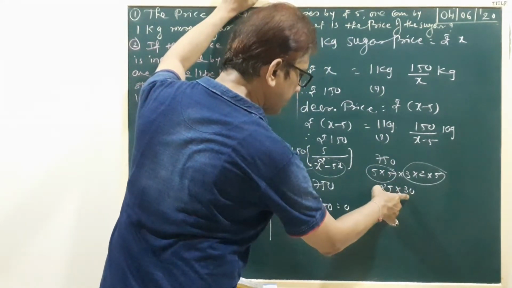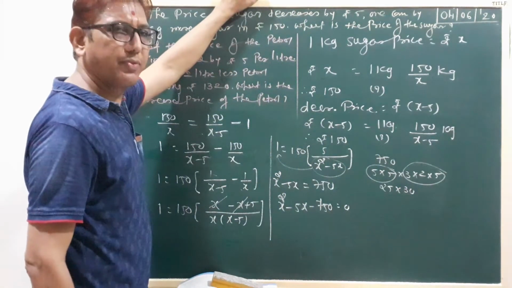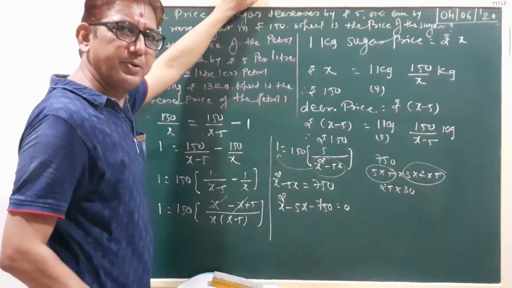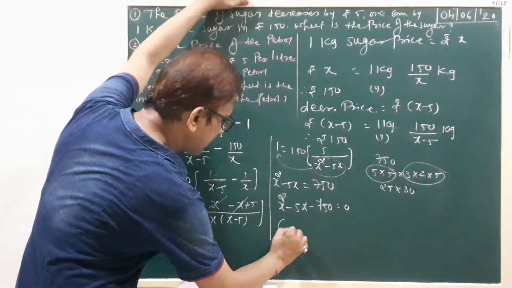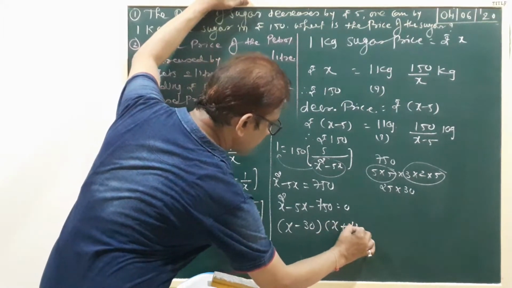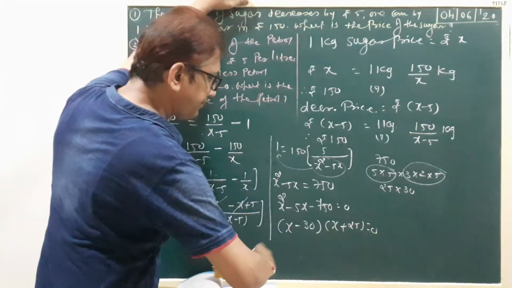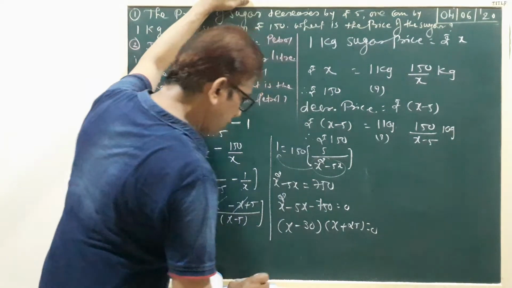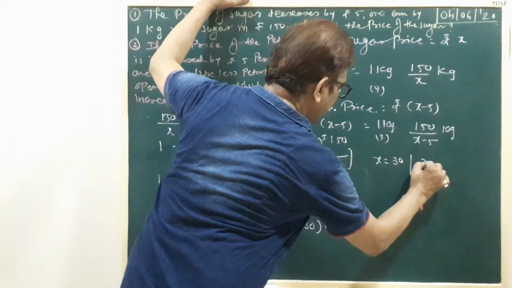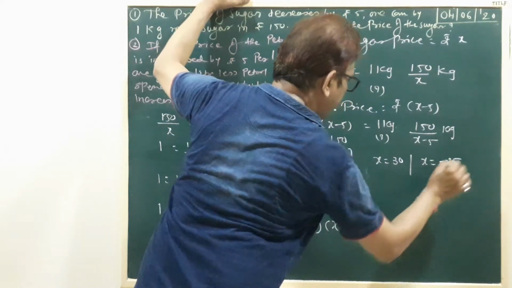Here 30 is the bigger number, so we give the negative sign. Last term is positive, so we give both the terms opposite sign. So our factors are x minus 30 and x plus 25 equal to 0. Is that clear? Okay. So x equal to 30 and x equal to minus 25.